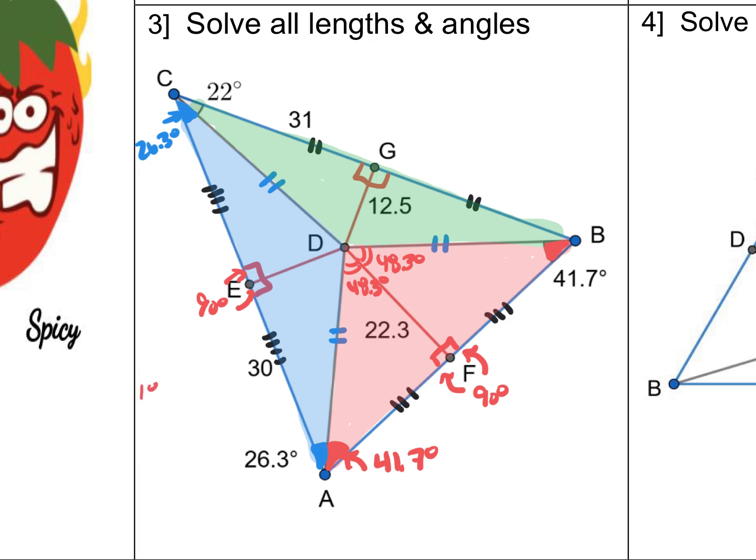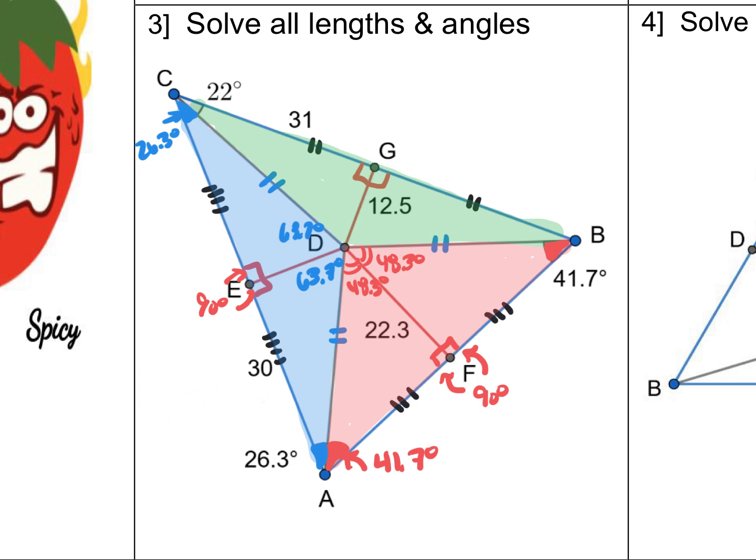So then I can take 180 minus 26.3 minus 90, and that is going to give us 63.7. So I've got 63.7 degrees here and 63.7 degrees here. I took care of the blue triangle.